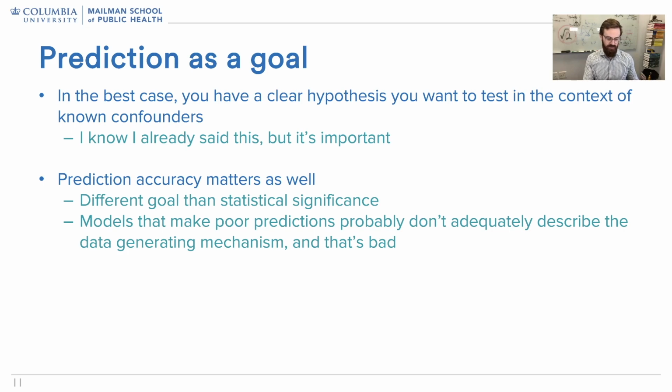If you build a model and you think you've got all these confounders and they work, but then they don't make very good predictions and some other model structure actually makes really good predictions, well, we're not talking about a p-value and a difference between these two things, but it does give you some idea that the model you started out with isn't really reflecting what's going on in the universe all that well, and this other model is making accurate predictions and is probably better, so maybe you really do need to think about this. Again, that's different from talking about statistical significance, but making a comparison in terms of prediction accuracy can be an important thing to do.